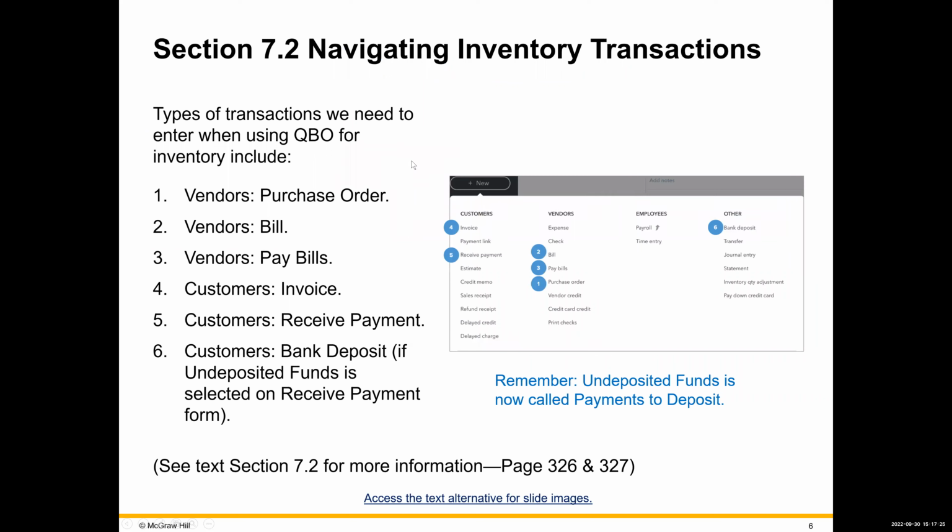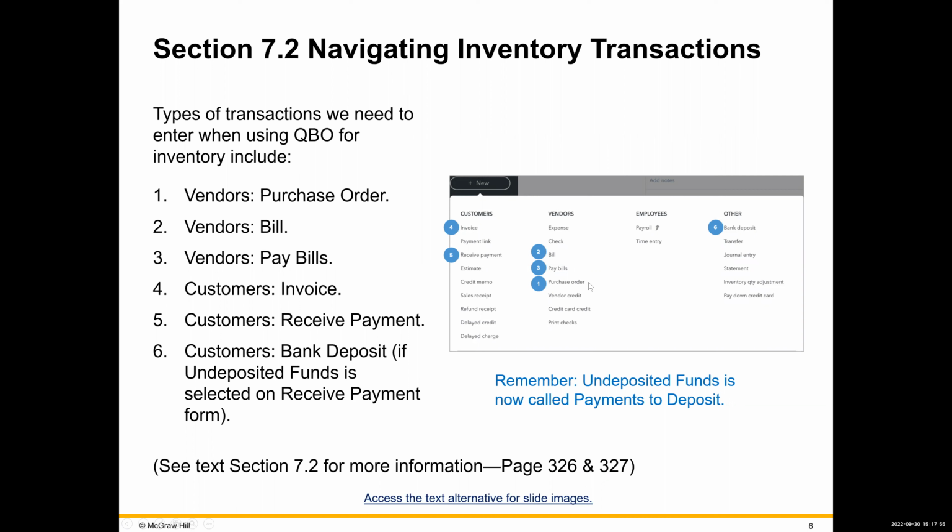Now, the following are the types of transactions that we can enter in QuickBooks when it comes to inventory. Let's talk about vendors first. As I said before, how we start the process is we create a purchase order. That's simply an order to the vendor that we need this merchandise.